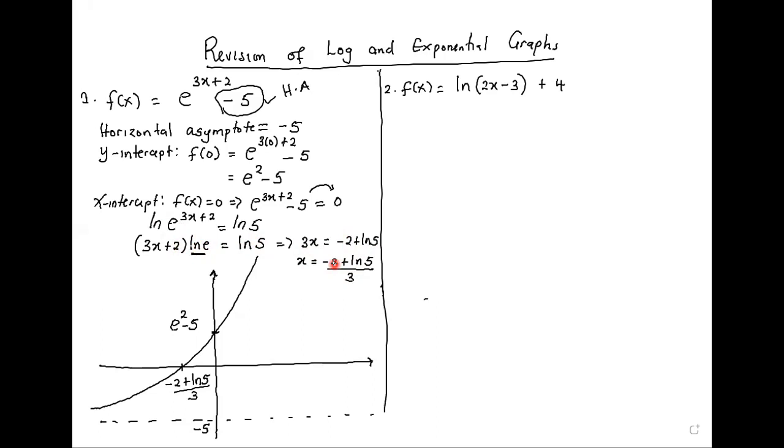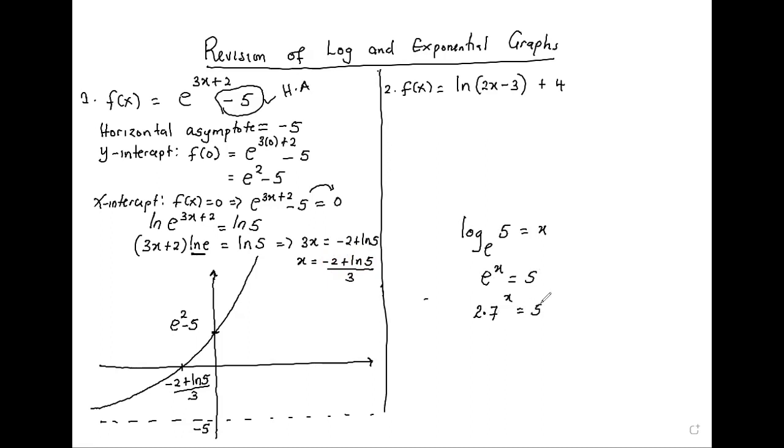And then how do you know whether this number is positive or negative? Well, you're comparing -2 to ln 5. You don't have the calculator. What you do is you say, okay, suppose log e of 5 is equal to some x. Well, I know this e is like 2.7. So you do e to the power x is equal to 5. Well, 2.7 to the power x is 5.